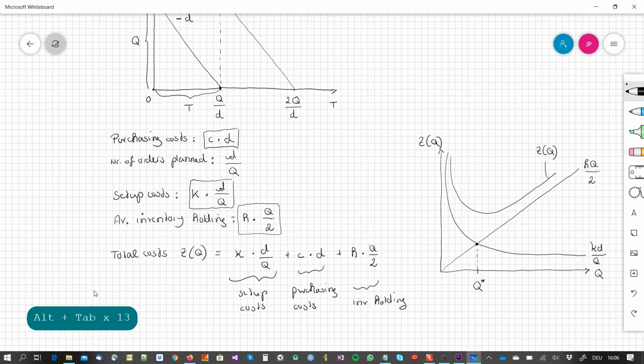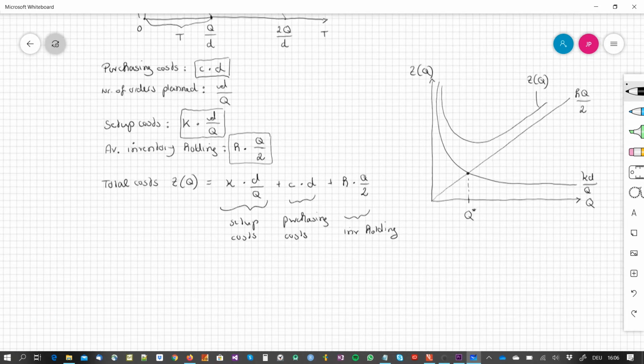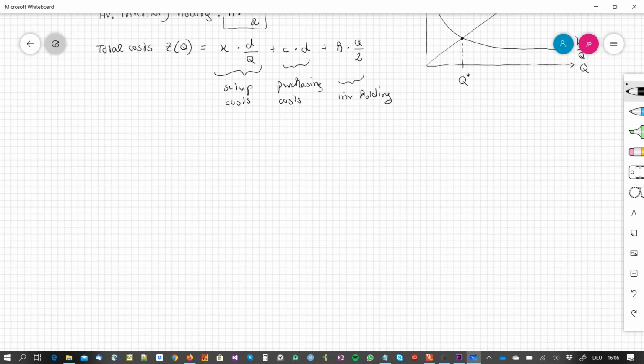Who would like to see how we now derive this point of the optimal order quantity? I will show you how that works. So what we need to do is take our cost function and derive it 2 times. So the first derivative of zeta of Q, we are deriving it for our order quantity.